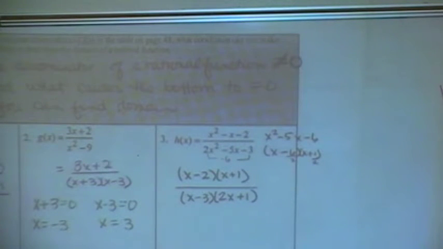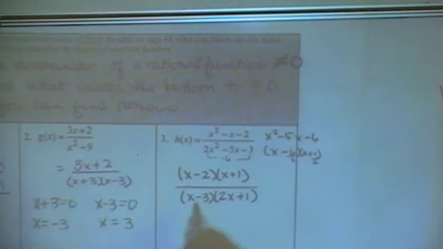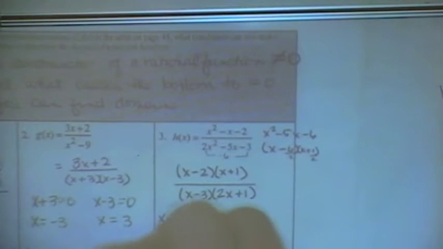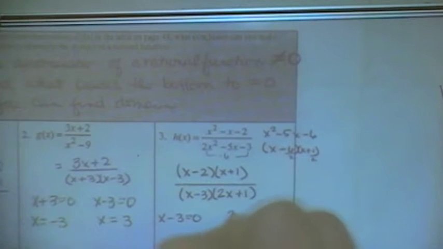Okay. I have no matching factors, so no holes, which means these two pieces both have to be asymptotes. So x minus 3 equals 0, and 2x plus 1 equals 0.